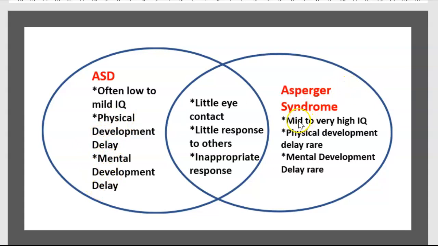Asperger has mild to very high intellectual quotient; physical development delay is rare, and mental development delay is also rare. What do they have in common? Little eye contact, little response to others, and inappropriate response.